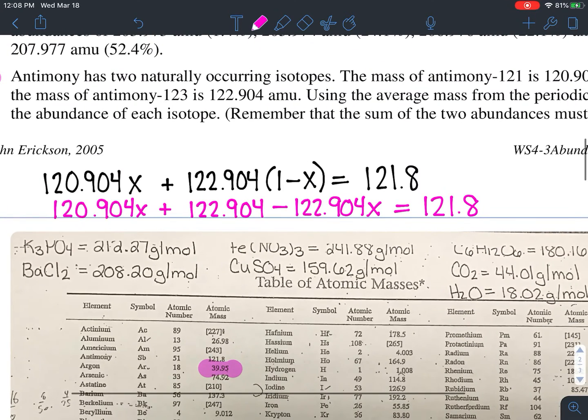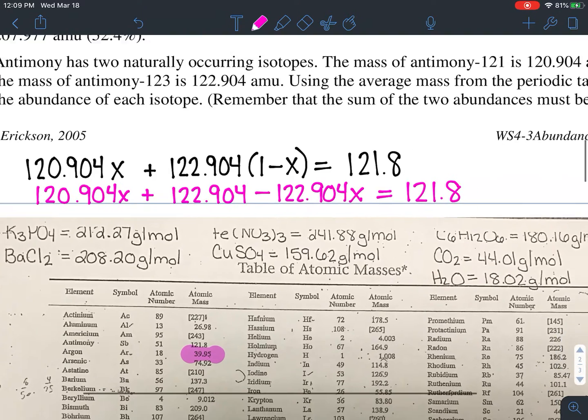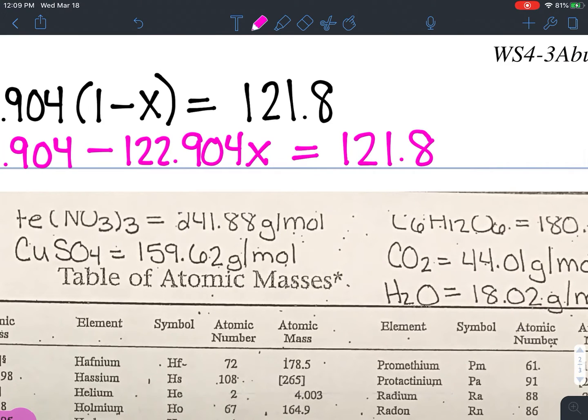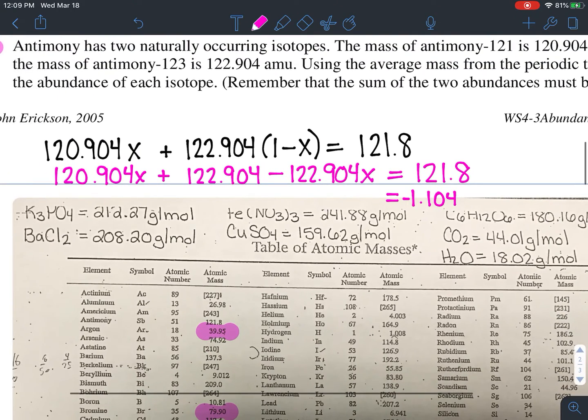Okay, sorry. I'm going to subtract out the 122.904 from the 121.8. And that gives me a value of negative 1.104.